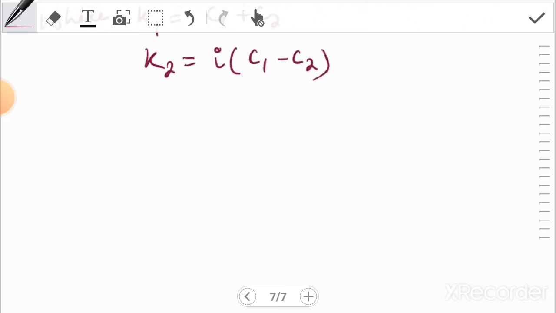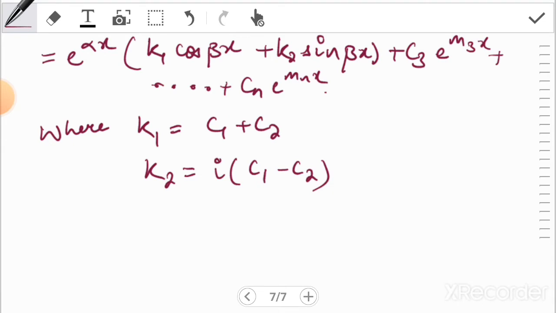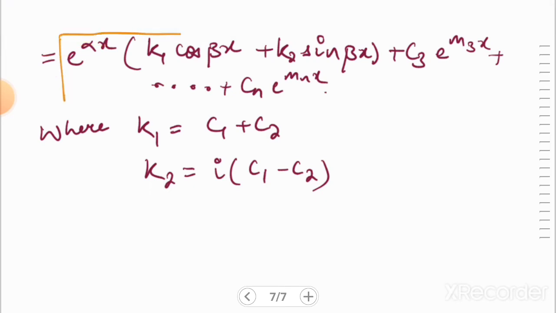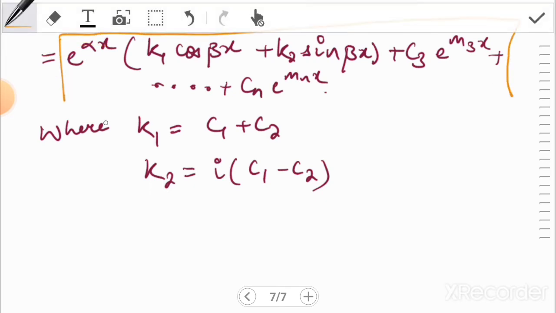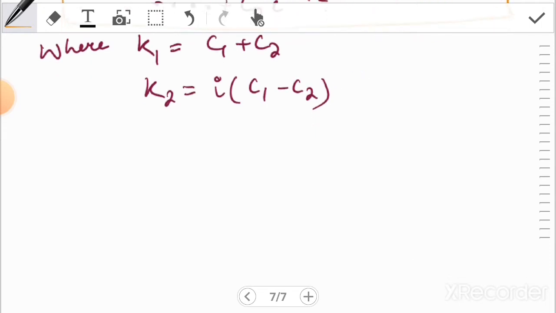Now you need to remember this pattern of solution if one pair of roots is imaginary.